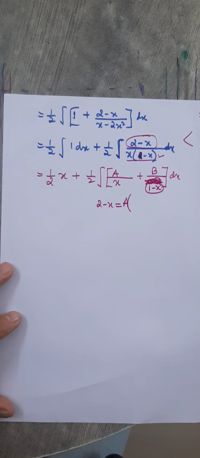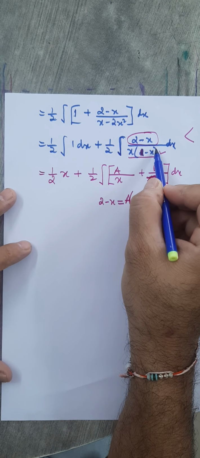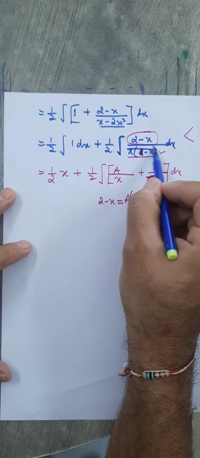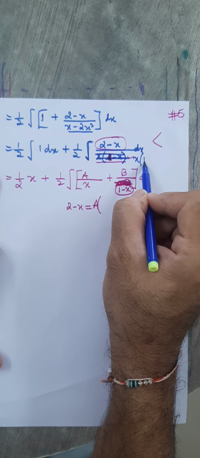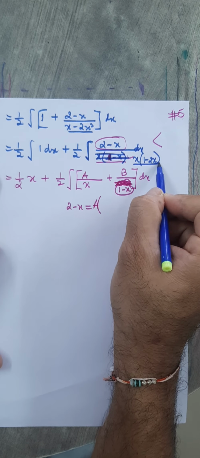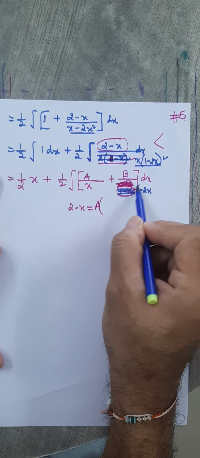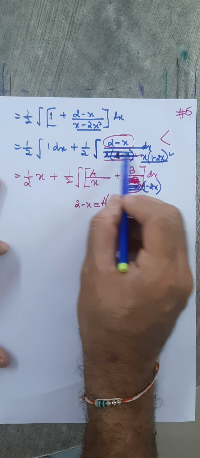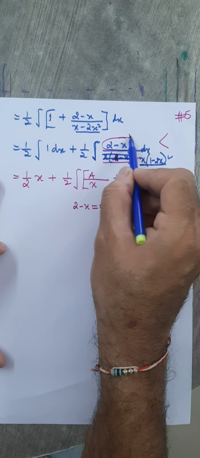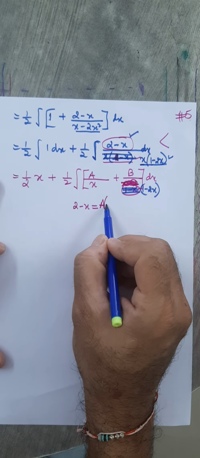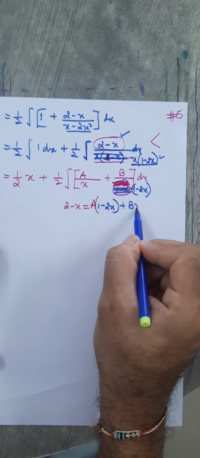Sorry, still there is something wrong here. I'm sorry, if I take x common, then it should be 1 minus 2x. This is my mistake. So here this should be 1 minus 2x. A upon one factor, B upon the other factor. Now do the cross multiplication. So the numerator is 2 minus x, here A into 1 minus 2x plus B into x.